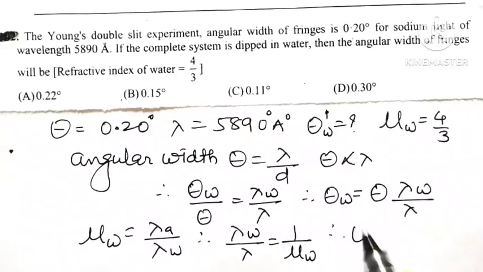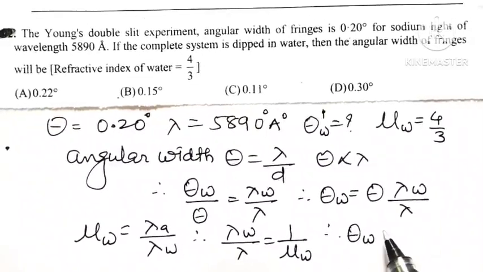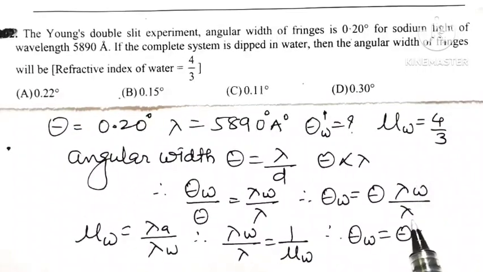So the angular width in water is equal to theta into 1 upon the refractive index of water.